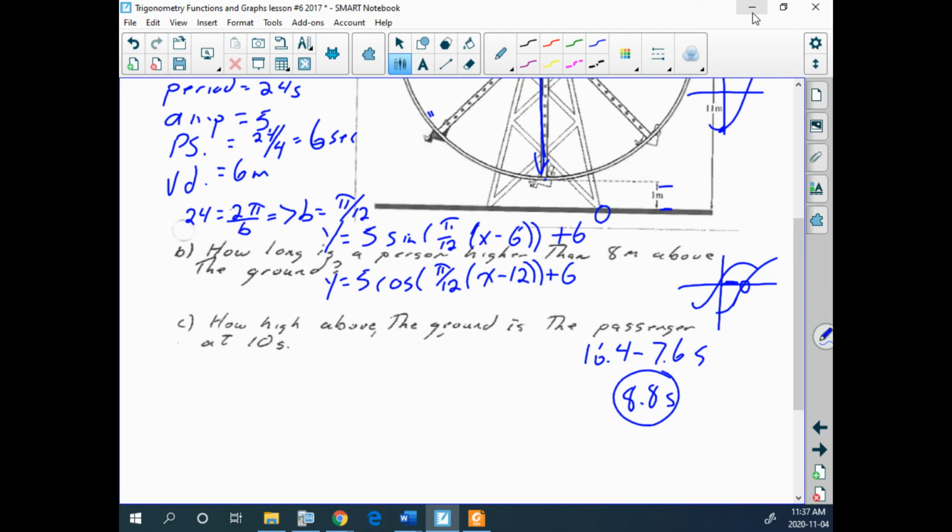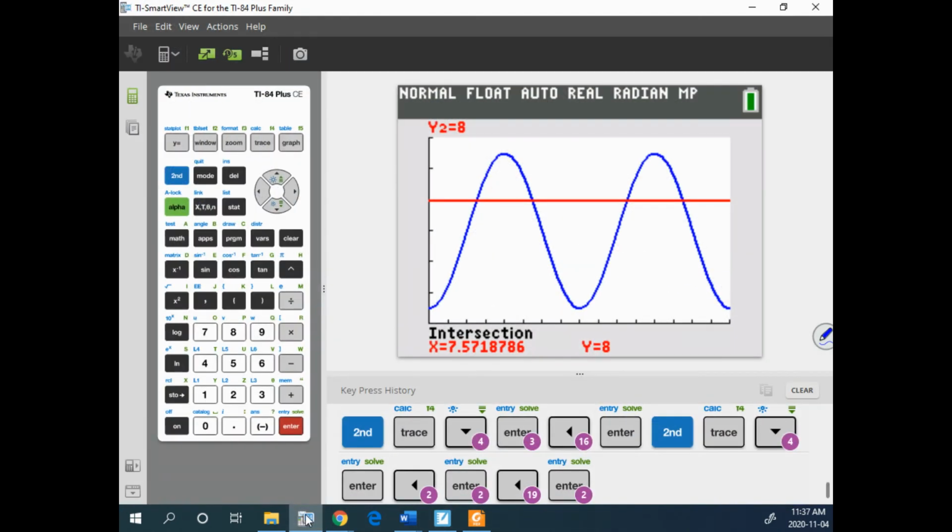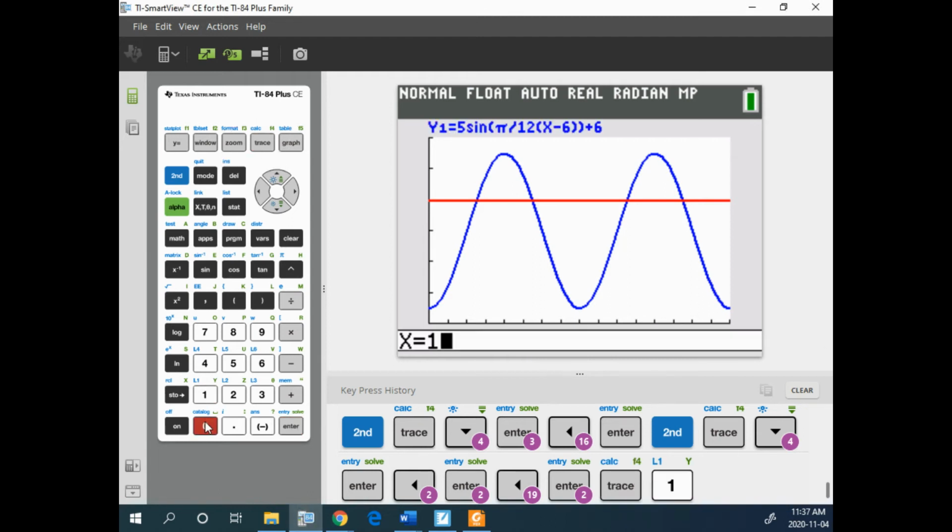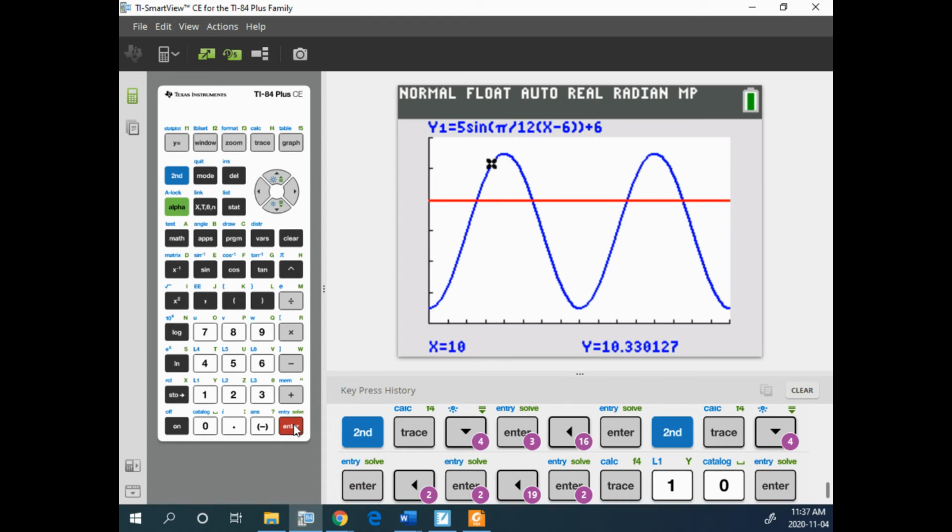Which tool am I using to find the height when x is equal to 10? Trace tool. Trace 10. So he is 10.3 meters above the ground.